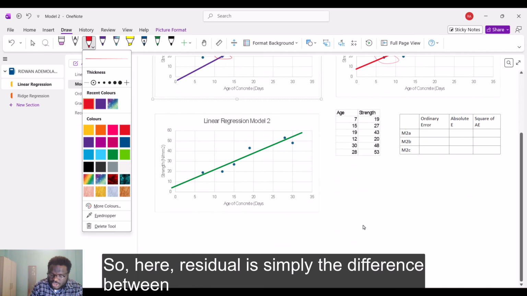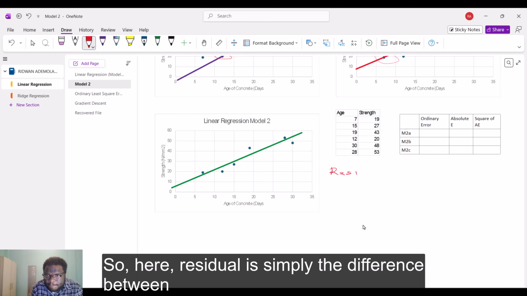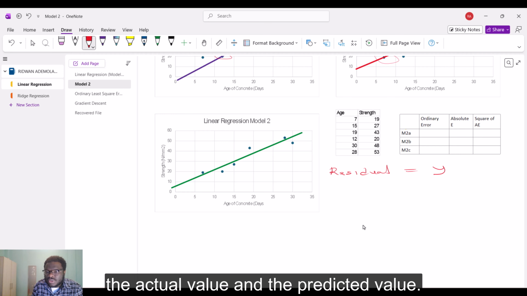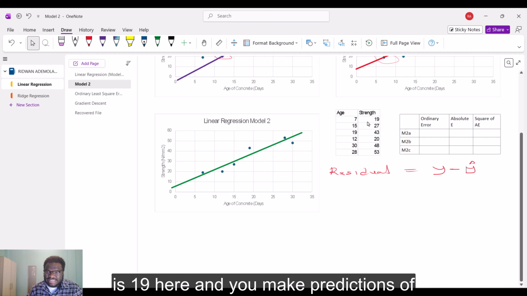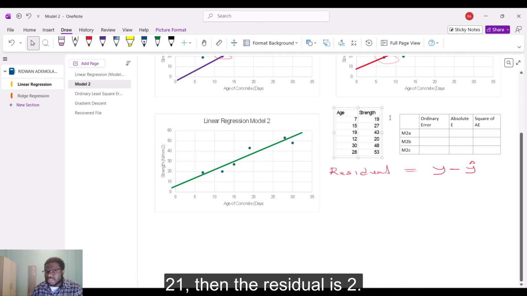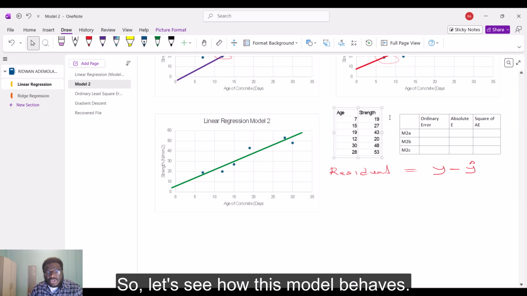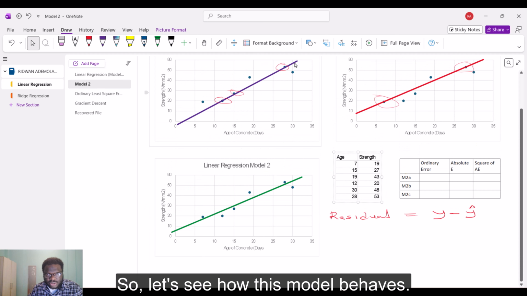Residual is simply the difference between the actual value and the predicted value. So say, for example, if the actual value is 19 here and you make predictions of 21, then the residual is 2. Okay, so let's see how this model behaves.